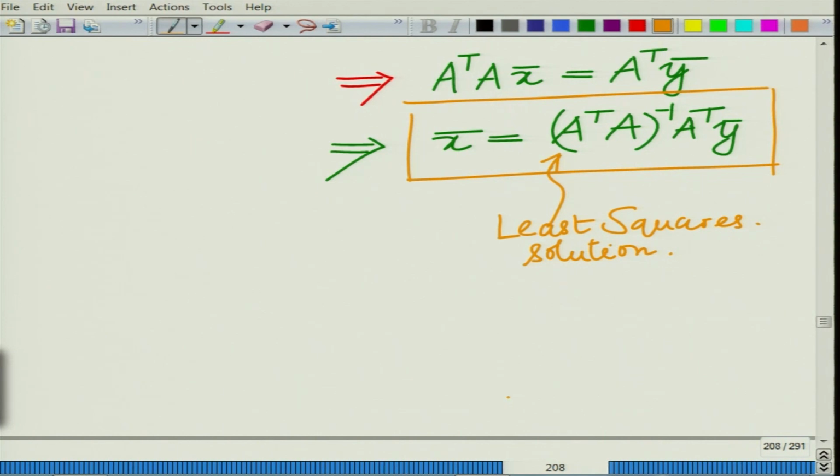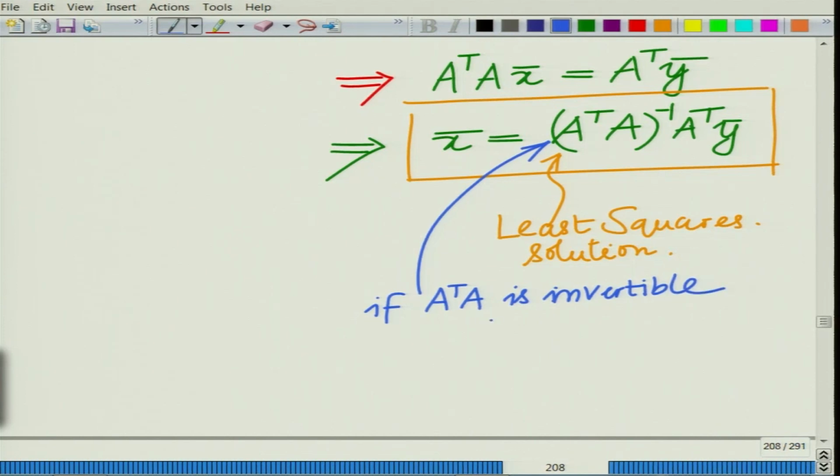This is a very interesting solution, and of course, here we are assuming that A transpose A is invertible. It is not very difficult to show that this exists.